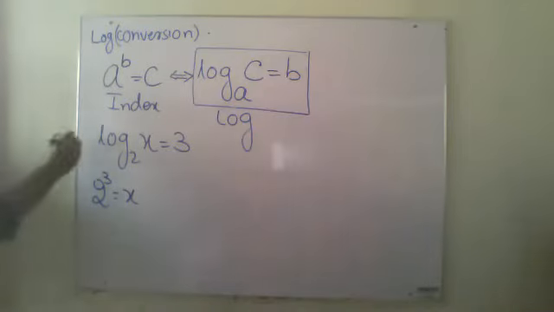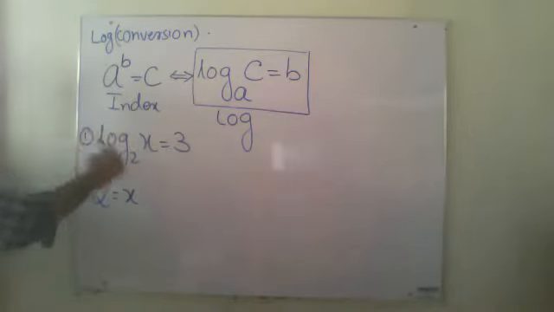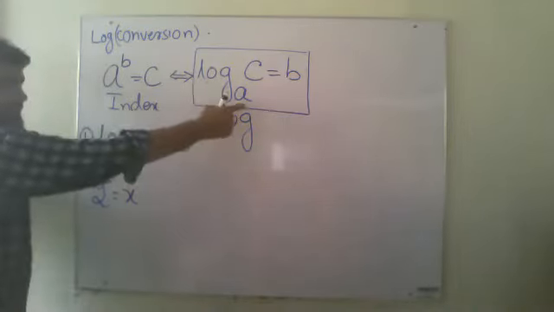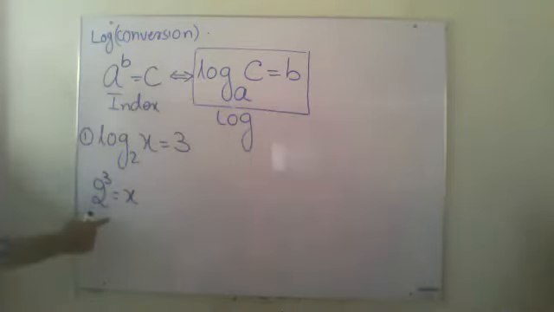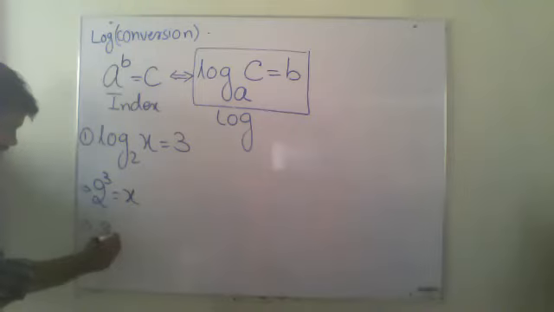So I have shifted my log into index form. When I simplify it further, 2 cube will become 8 equals x.